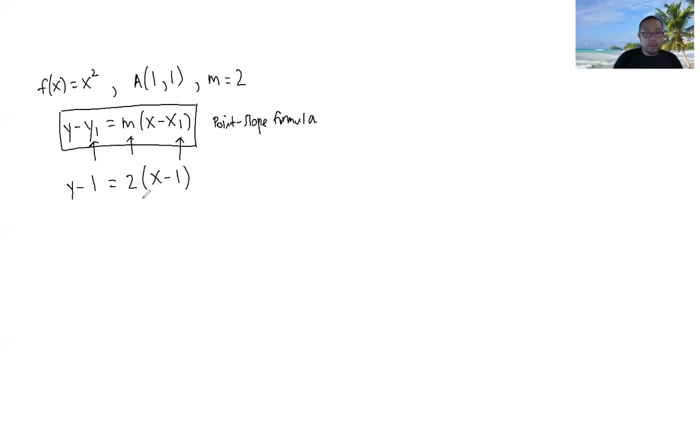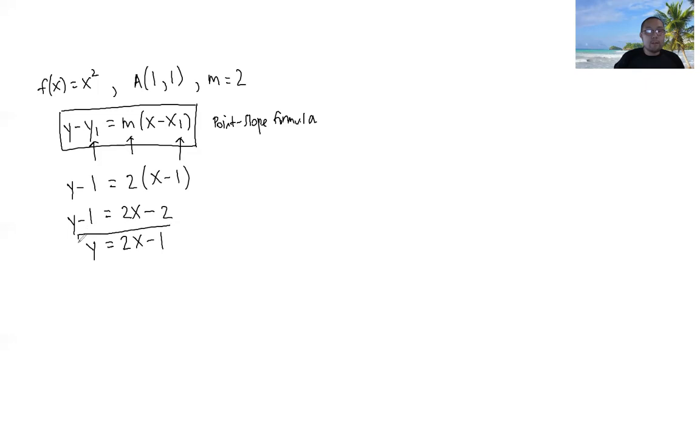So let's distribute the 2 in here. So y minus 1 is equal to 2 times x, which is 2x, minus 2 times 1, which is 2. Let's simplify this side. And now we're going to add 1 to both sides. Negative 2 plus 1 is minus 1. Okay?